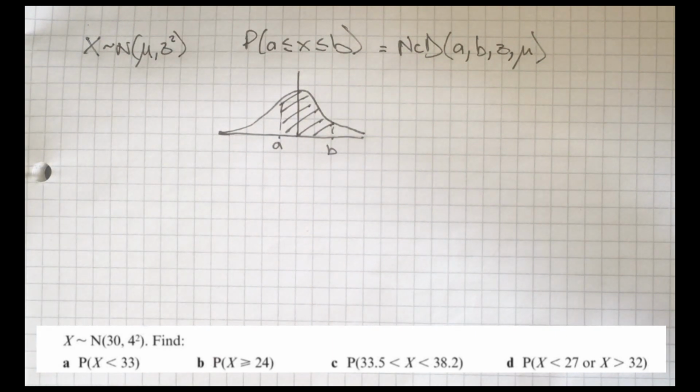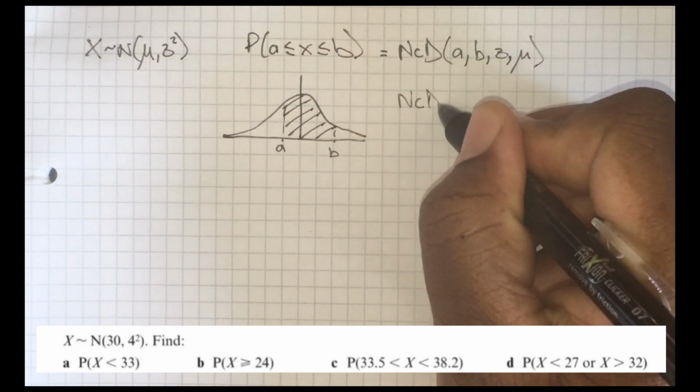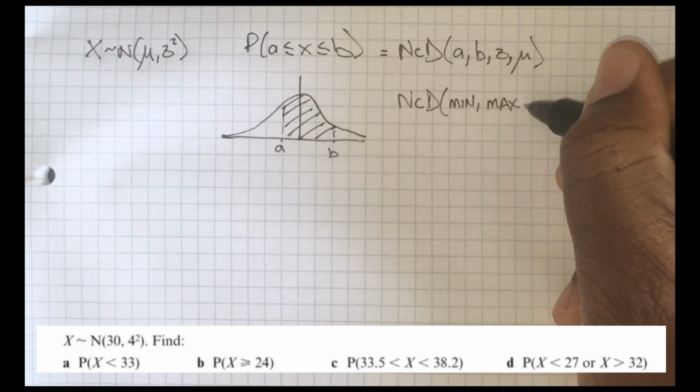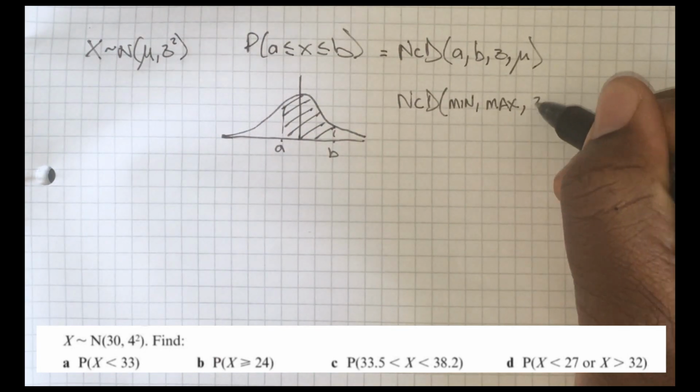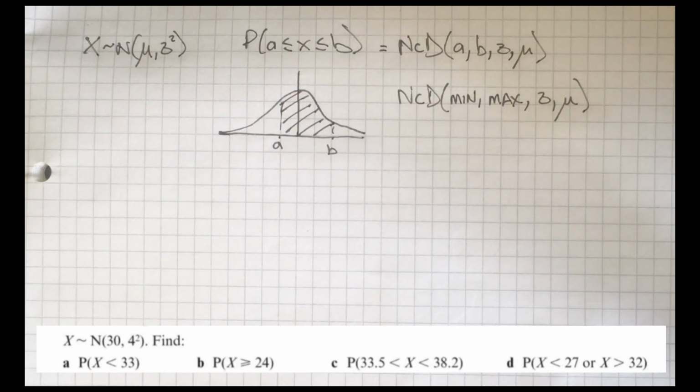We're going to use the normal cumulative distribution function. It will be NCD on your calculators, followed by the minimum value we're interested in, comma, the maximum value we're interested in, comma, standard deviation, comma, the mean.